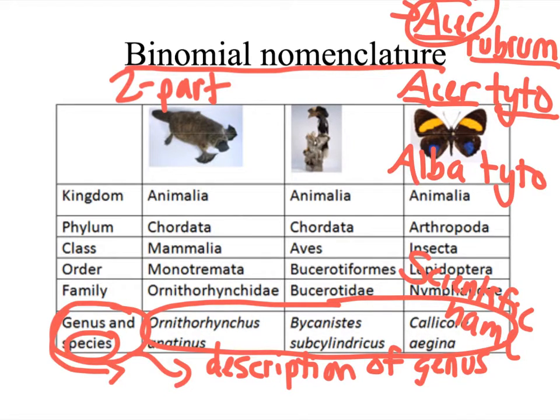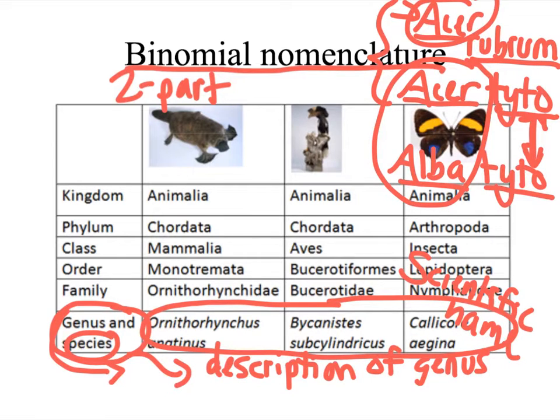By the way, I'm just making up things right now. Okay, you would say, oh, look, these two are probably most closely related. Nah, I'm sorry, they have the same species name, so same description. You have to look at the genus to decide which two are most closely related. And Alba is nothing related to Acer. Okay, and so therefore we would say these two are most closely related.